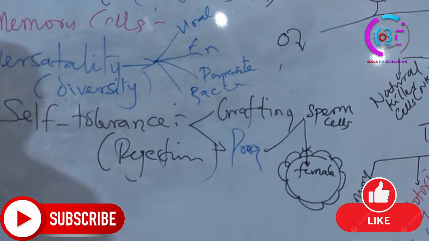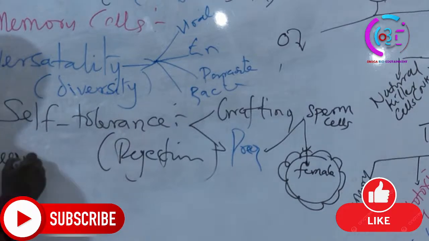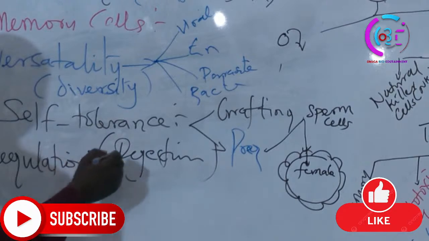Another highly important characteristic of the adaptive immune system is what is called regulation. They have regulatory capability.